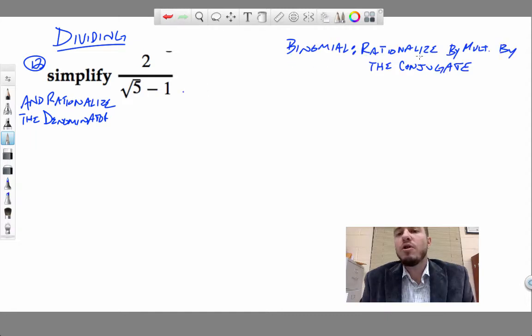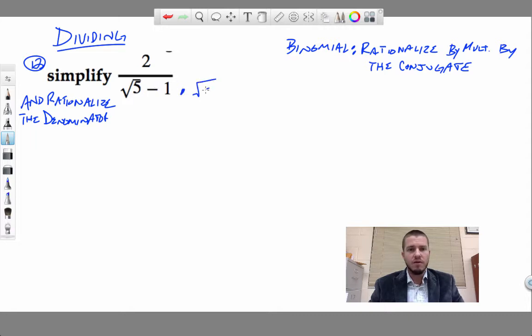When it's a binomial, you're going to rationalize it by multiplying by the conjugate, just like the conjugate with the imaginary numbers. So the conjugate of square root of 5 minus 1 is going to be the square root of 5 plus 1. And so I have the square root of 5 plus 1 that I have to multiply to the numerator as well.